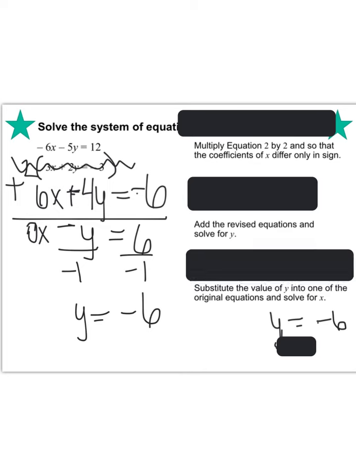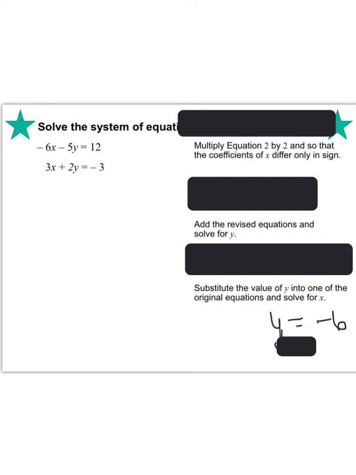Now the next step is to substitute that into one of the original equations. So let's delete this and look at our original equations. And I'm going to substitute y in, and I'm going to choose the second equation. You could have also chosen the first equation. And now we're solving for x.